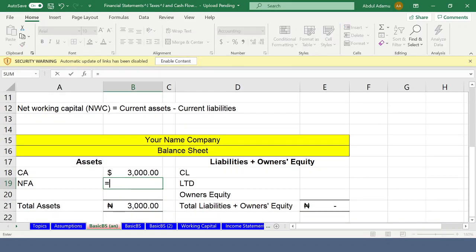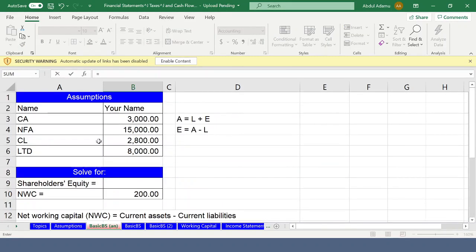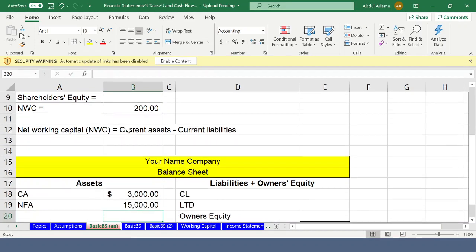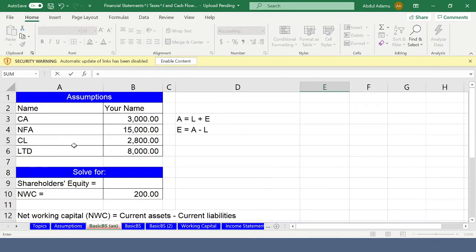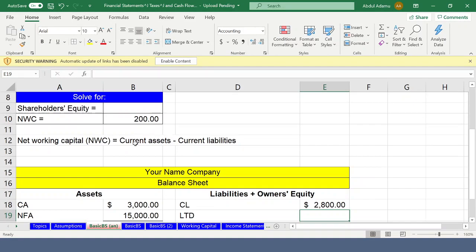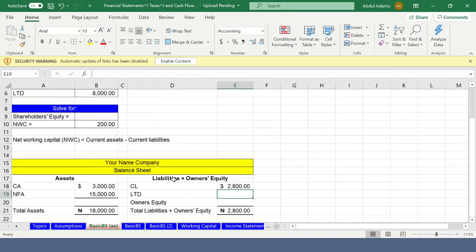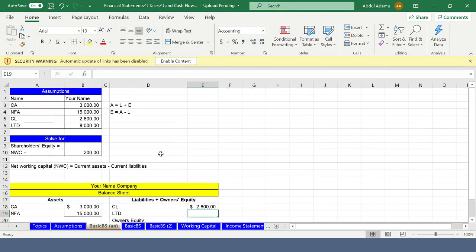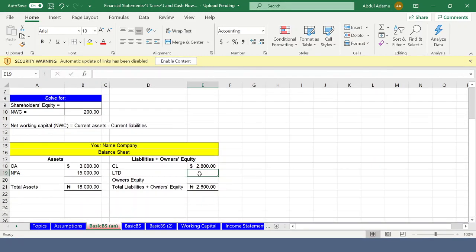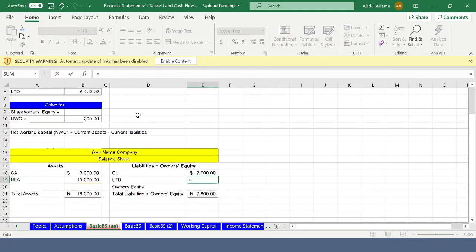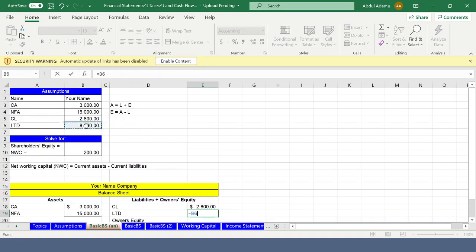Net fixed asset is equal to 15,000. Current liability is equal to 2,800. Then long-term debt equals 8,000.